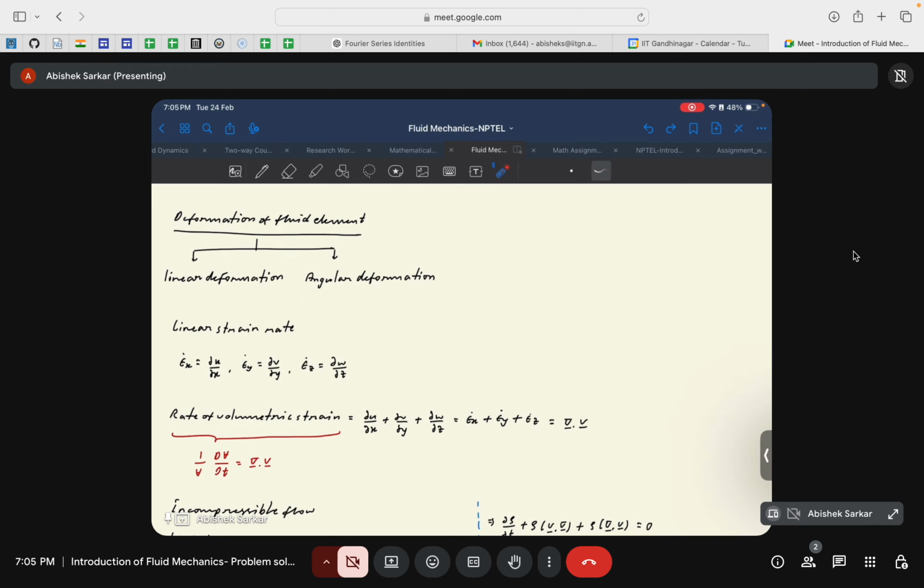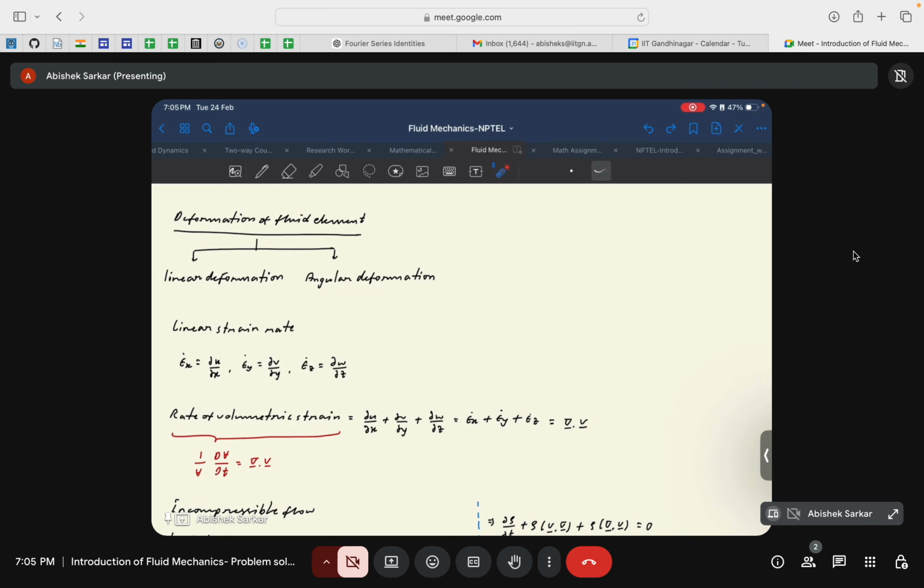The details of angular deformation we will see when we discuss the fluid dynamics part, because the shear stress will come into the picture. But for today's discussion, we will limit our focus to linear deformation.